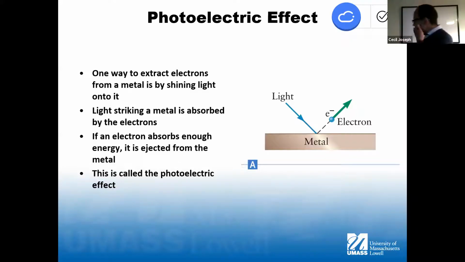So let's go back to ejecting an electron from a metal for a second. A metal is electrically neutral, in general. It has the same number of protons and electrons, so the net charge is essentially zero. In a metal, you can think of the electrons as being free to move around within the metal. They're not bound to the atom itself.